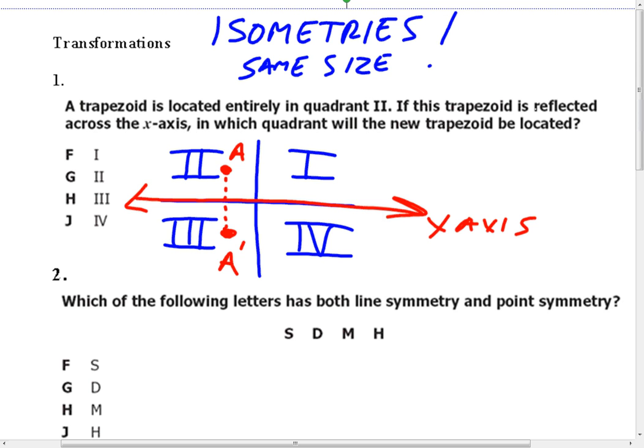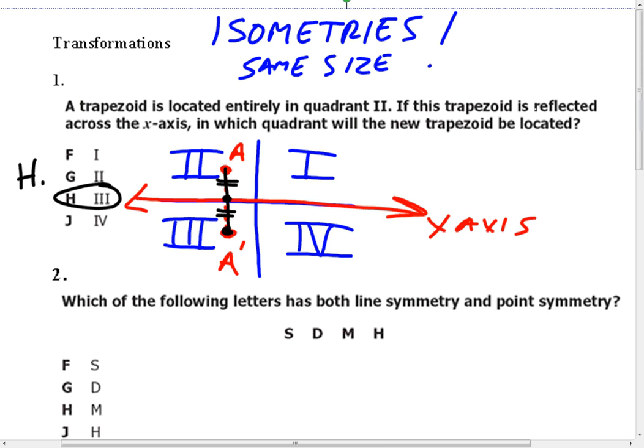If you are reflecting, it's the same distance on the other side of the line. So let's put some slash marks on those two distances. This distance from here to the x-axis, and then another slash mark set on that distance. It's got to be the same distance away from the reflecting line. That was choice H. Quadrant 3.